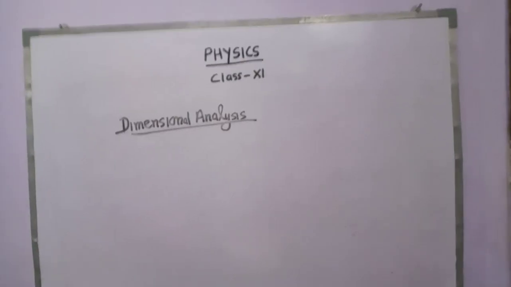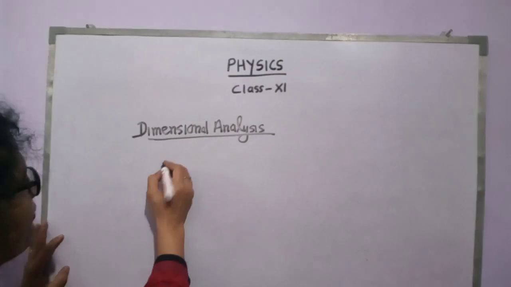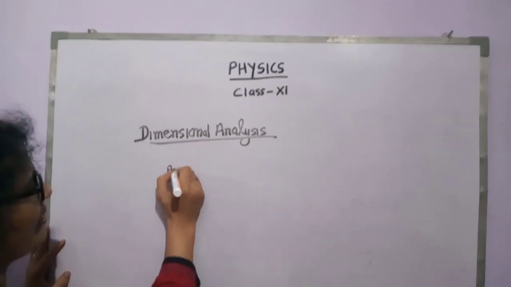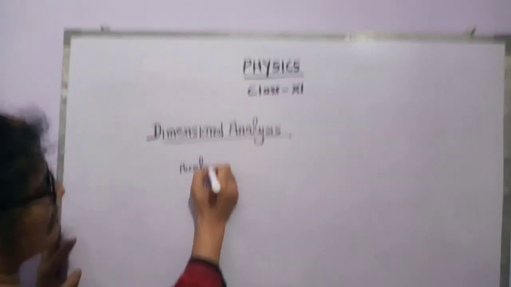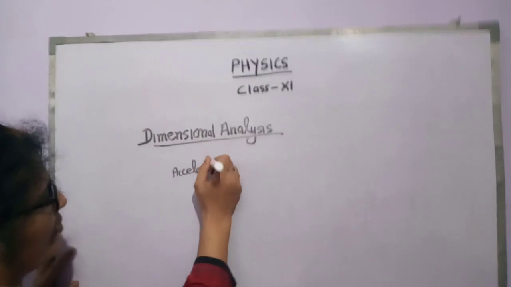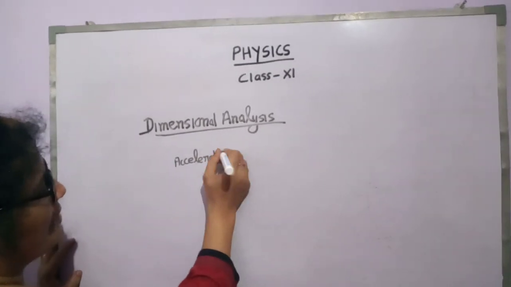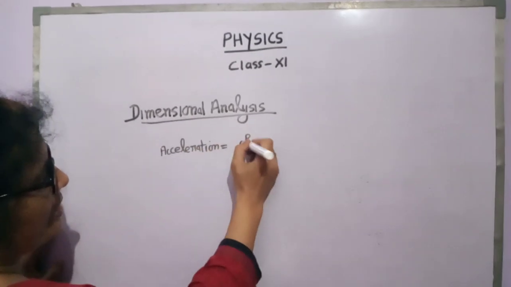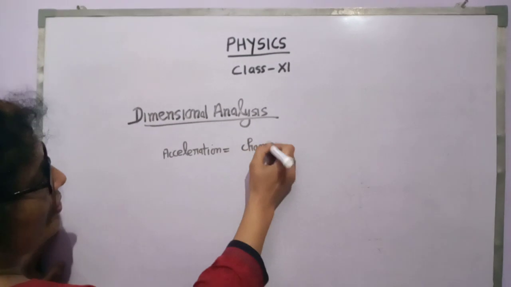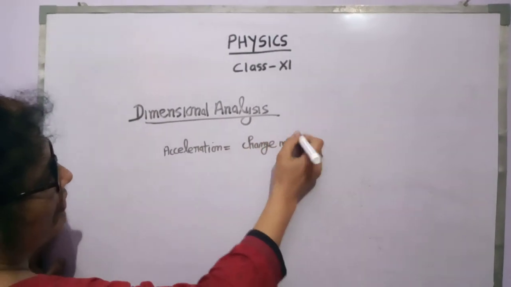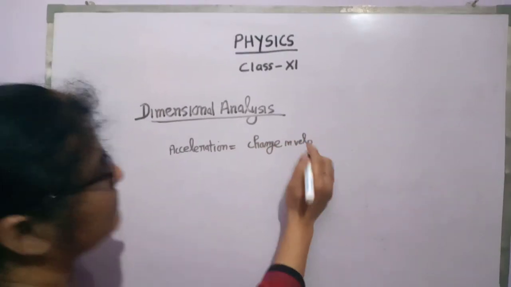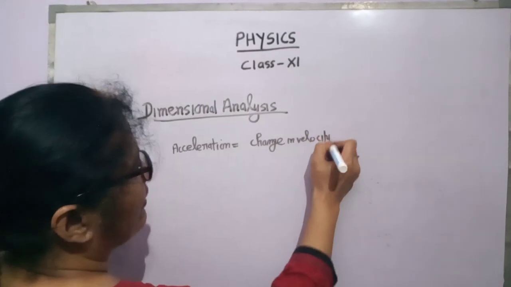Now, what is the dimension of acceleration? How can you determine it? Acceleration is equal to change in velocity divided by time interval.